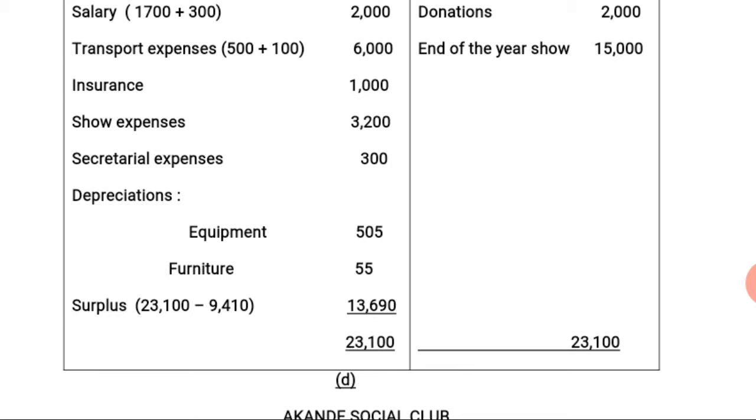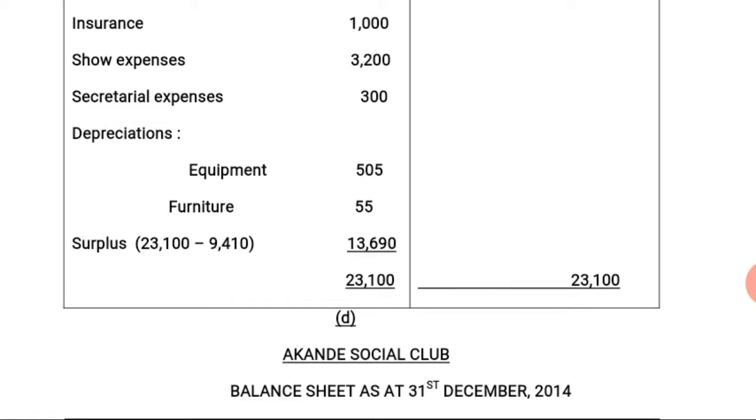Then we have the difference of 13,690 naira, and that is the surplus for the club. So the club makes surplus of 13,690 naira. Then we close the account by having the total of 23,100 on both the debit and credit side of the income and expenditure account.